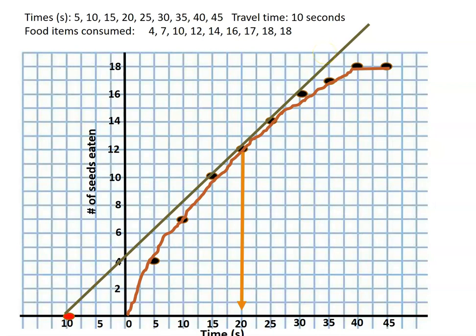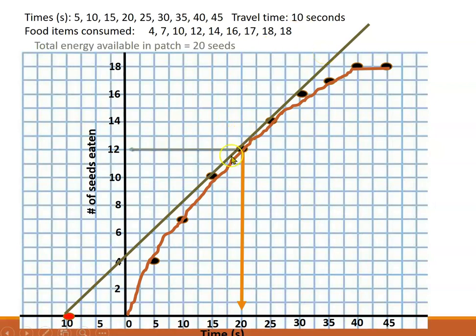The giving up density is really looking at just another measure of basically the same thing, except now instead of talking about how much time the animal should spend, we're looking at how much food should the animal eat before it gives up, or really, how much food is left in the patch when the animal should stop feeding there, when it's going to experience these diminishing returns. So you'll have to figure out how much total energy is in that patch.